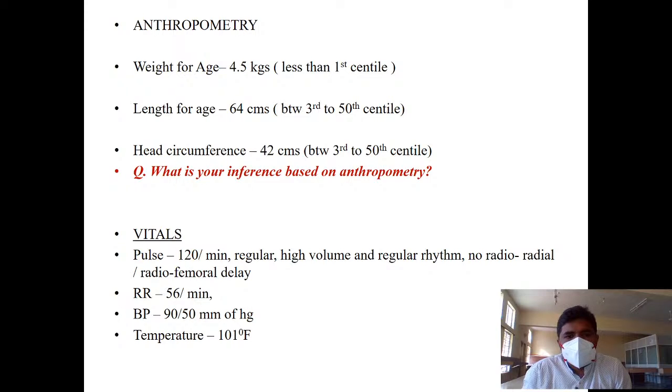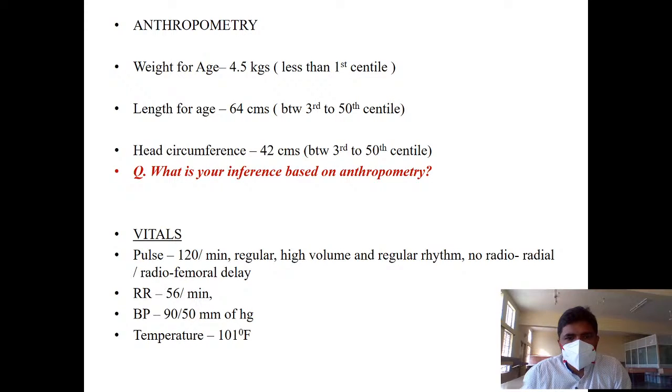That is how we need to describe the pulse: the rate, the rhythm, volume, any special character, and whether there is a radio-radial or radio-femoral delay. 120 per minute in this 6 month child is not too high, but here the volume is high, because with large VSDs the child is in a high output state. So usually these children will have a high volume pulse.